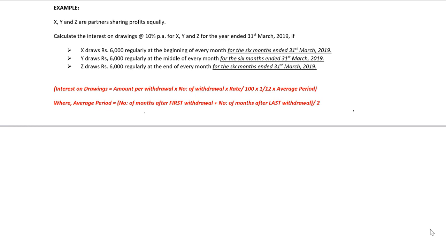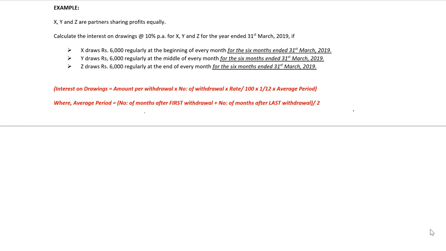Calculate interest on drawings at 10% per annum for X, Y and Z for the year ended 31st March 2019 if X draws rupees 6,000 regularly at the beginning of every month for the 6 months ended 31st March 2019. Y draws rupees 6,000 regularly at the middle of every month for the 6 months ended 31st March 2019, and Z draws regularly rupees 6,000 at the end of every month for the 6 months ended 31st March 2019.